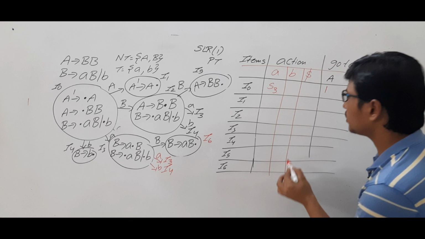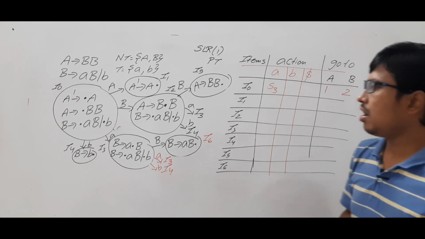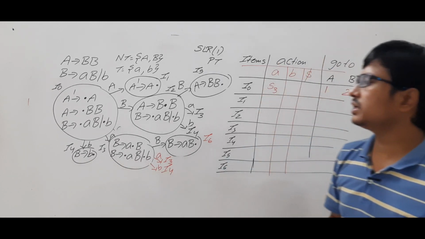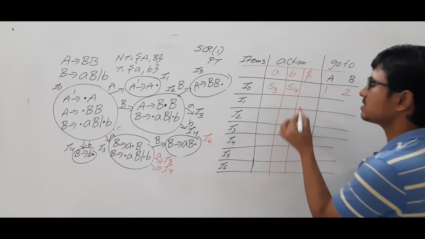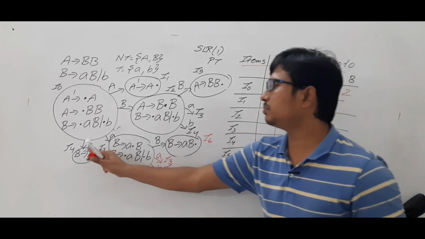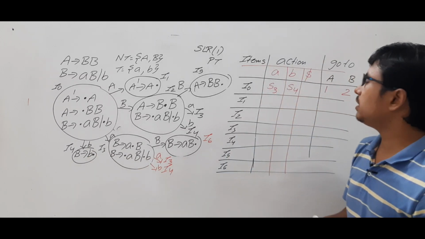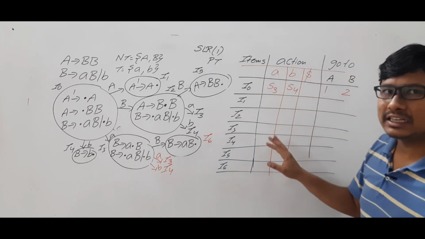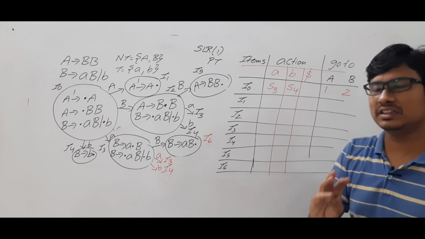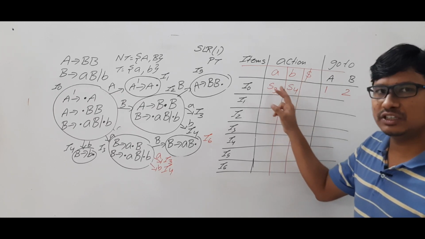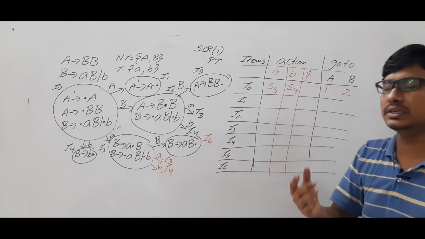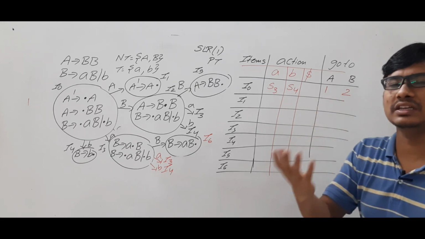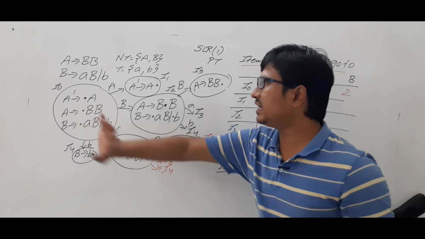Is it clear? Are you able to understand? On small b, you are going to I4, so you will write here S4. Why? Because b is a terminal. Remember one thing, in the action part you will have only three things: accept, shift and reduce. Whereas in the go to part you will have numbers such as 1, 2, 3, and so on. So I0 is finished.